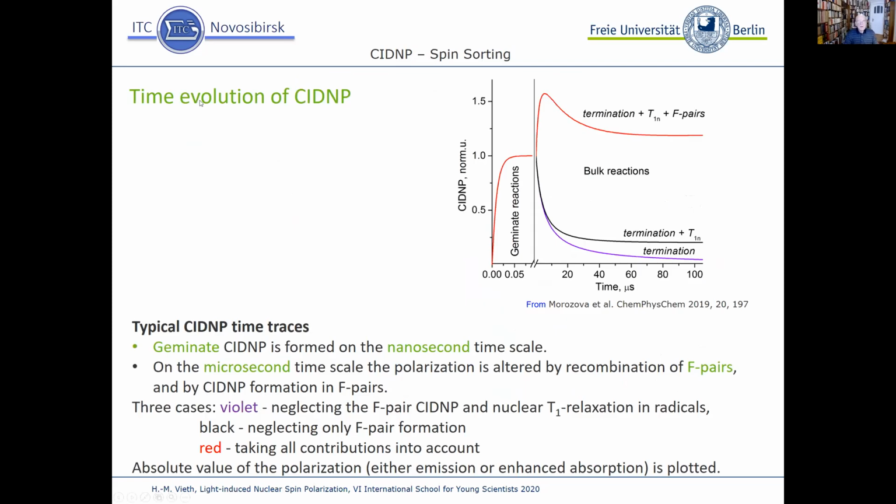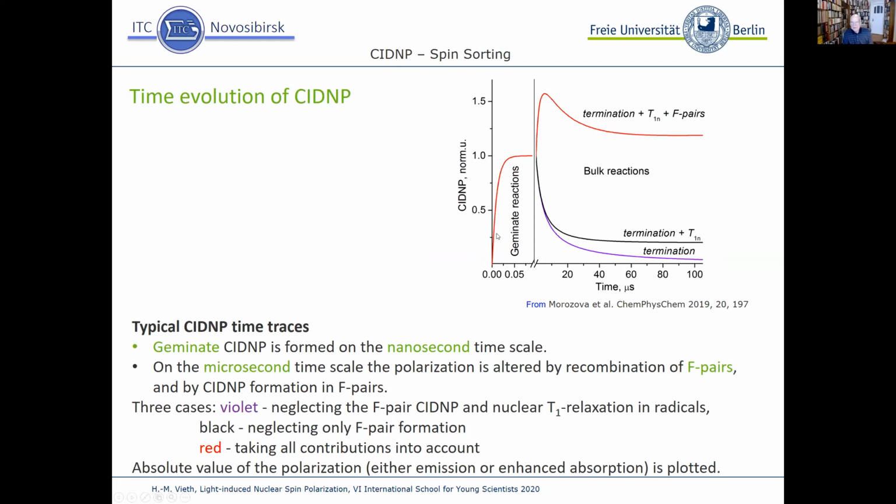So when you see the time evolution, how CIDNP is being formed, you have the geminate reactions where you see molecules with, here is only the magnitude of the polarization shown.